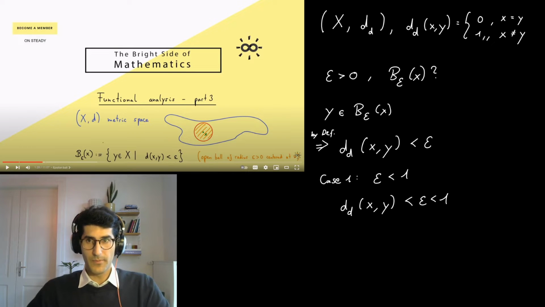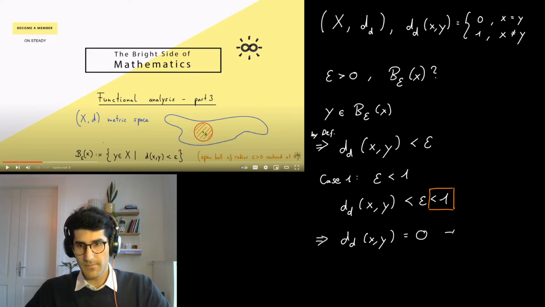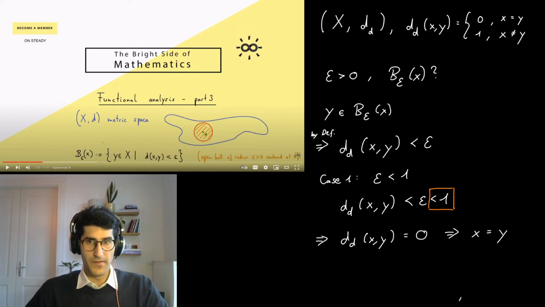So from the definition we know there are only 2 possible values, but if we additionally have that the discrete distance needs to be strictly smaller than 1, there's only one opportunity left, namely the first one up here. So in this case, the discrete distance between x and y needs to be 0. But by the definiteness of the metric, this dictates that x needs to be equal to y in this case.